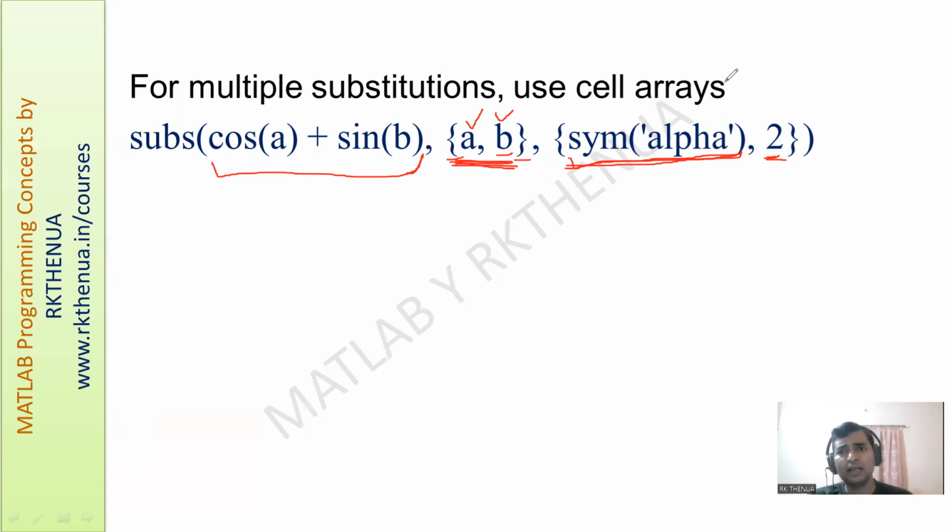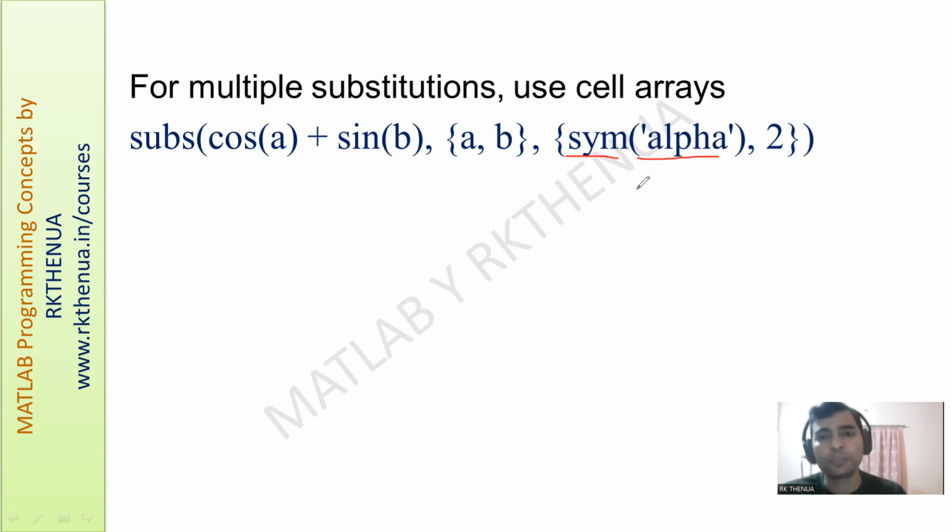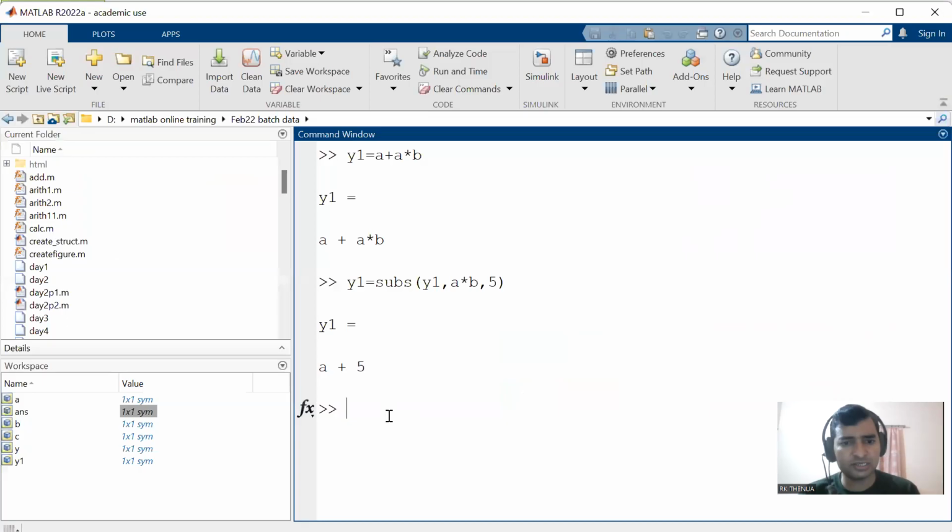So let's see here, if I write alpha = sym('alpha'), when I'm writing in this way, I'm able to create this alpha symbol also. This function also creates symbols. This is one additional use of this function. Simply, if I write in this way, you can check.